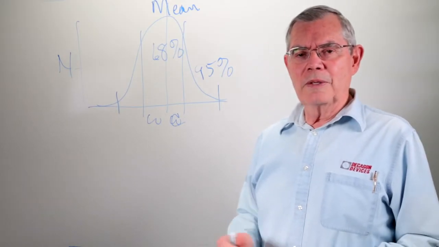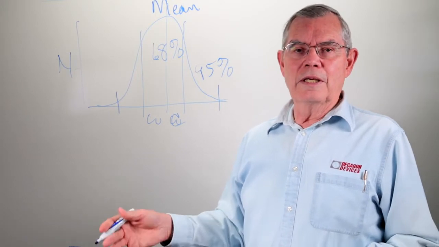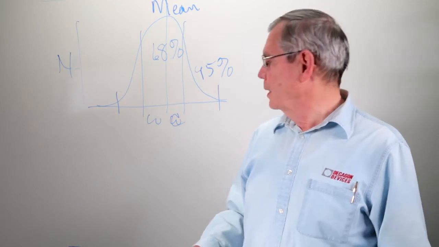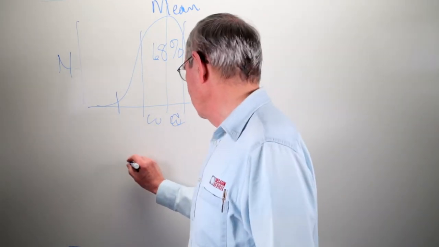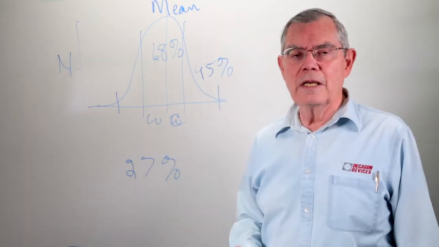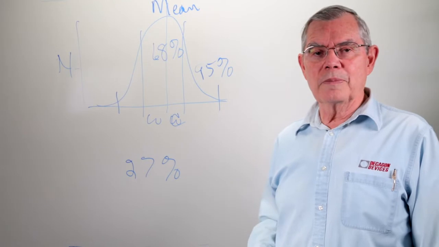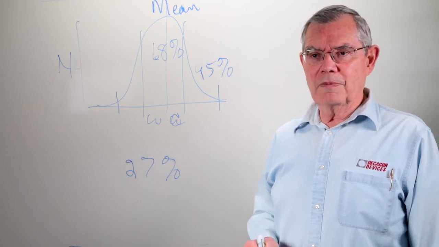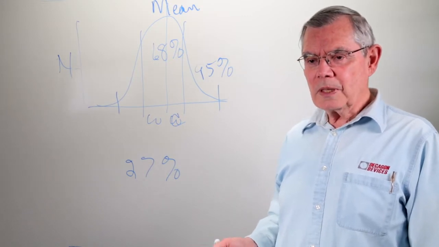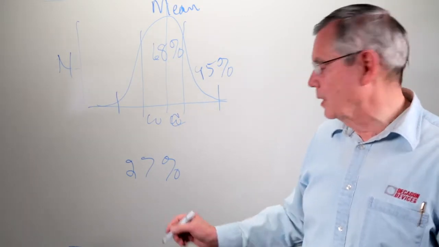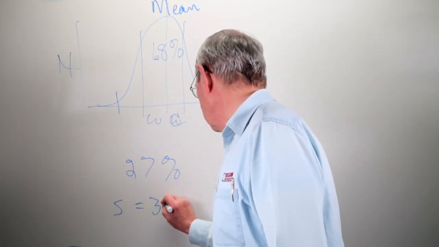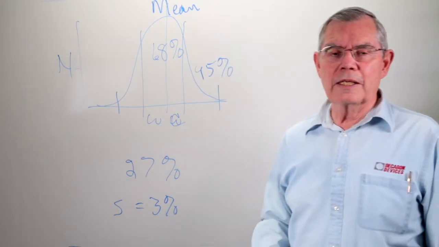And so let's say that we walked out here in the field and we took a sample and made a measurement on it. And let's say out of that sample we determined that the water content was 27%. Now let's say that we assume or we know from some means that the standard deviation is 3%.